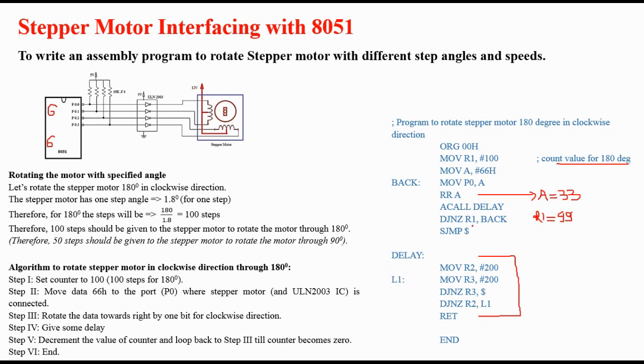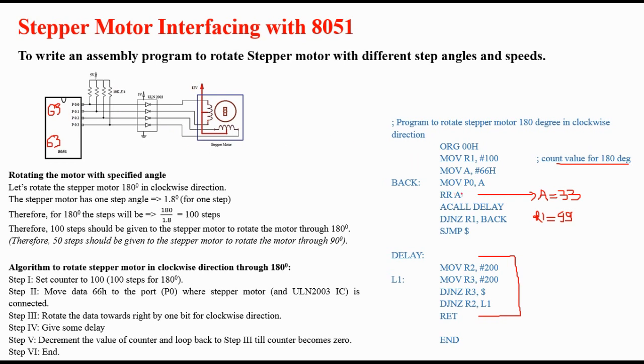As the content of R1 is not 0, that's why jump if not 0, we are back over here at this point. Move A to port P0. The content of A is 33, so 33 will be moved, so 3 will be there at the lower level of port P0 to which we have connected the stepper motor.